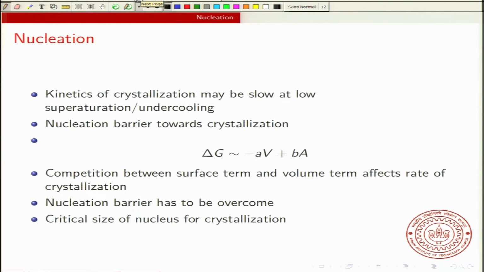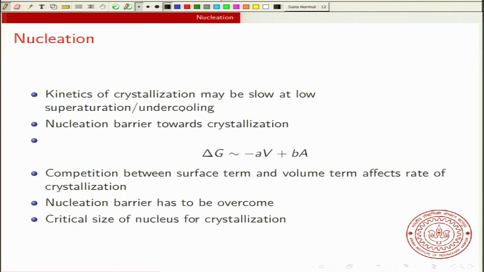One of the things that we see in practice is that the kinetics of crystallization may be very slow at low supersaturation or undercooling. Let us say you have a solution and your supersaturation is small, that means you have a concentration just slightly greater than the saturated solution.